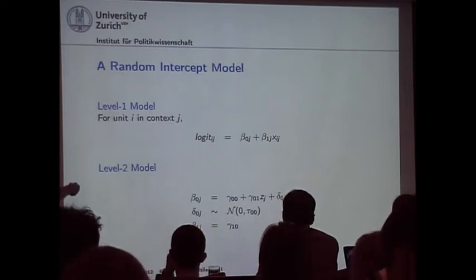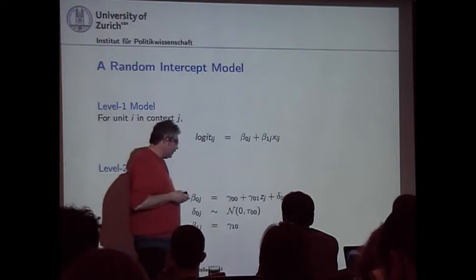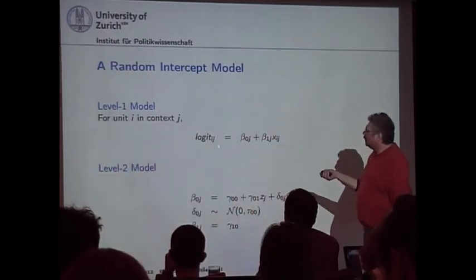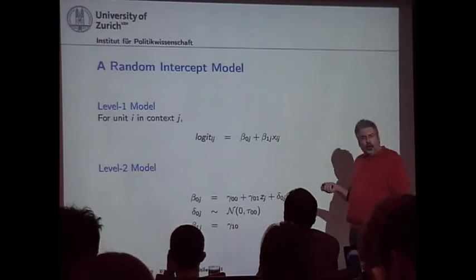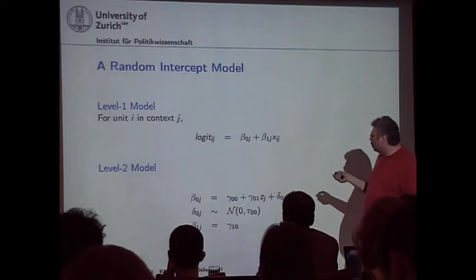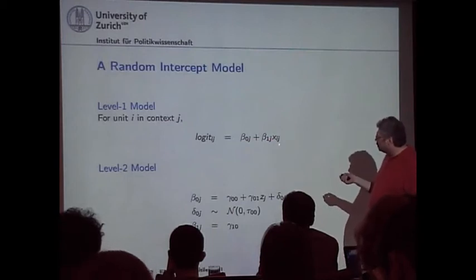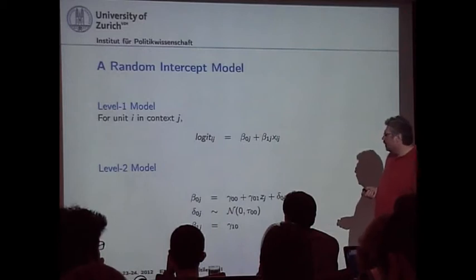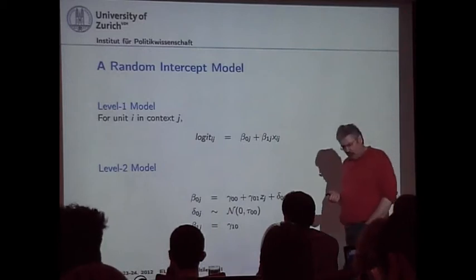So i is the voter, j is its constituency. And then, as a level 1 model for the Logit, we have beta 0j plus beta 1j times whatever predictor we're considering here. And that's our level 1 model.